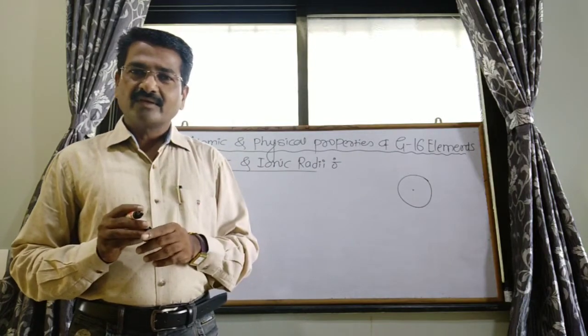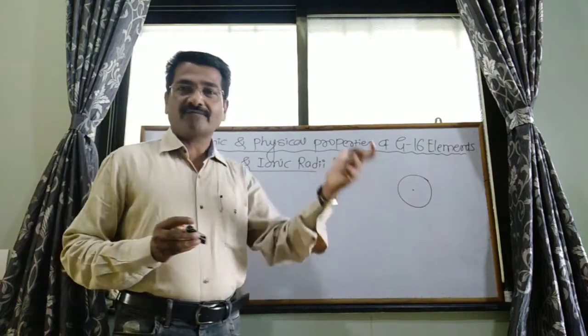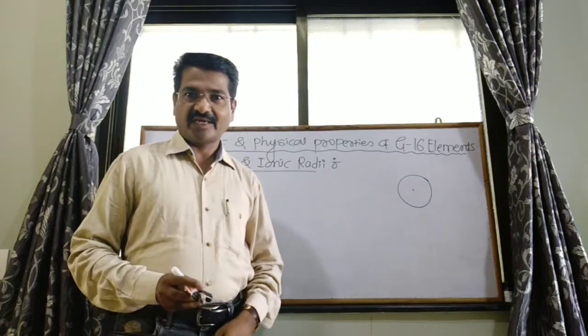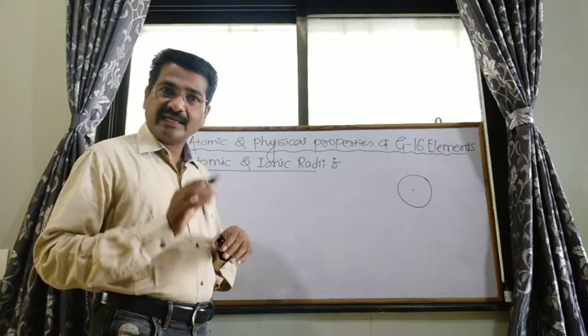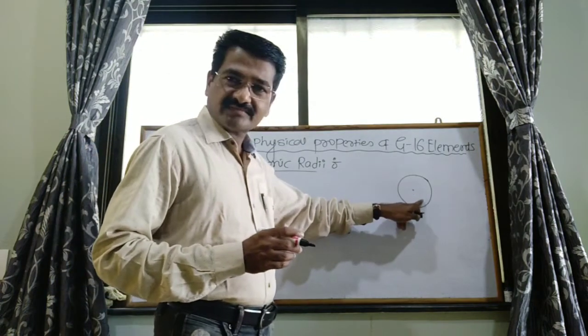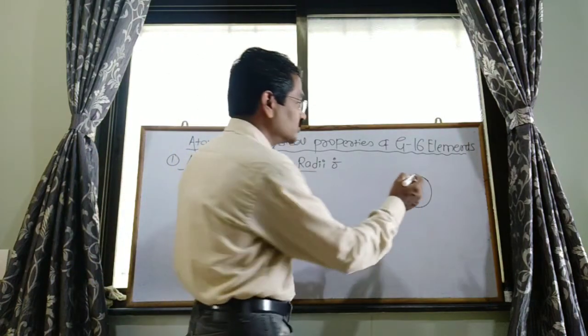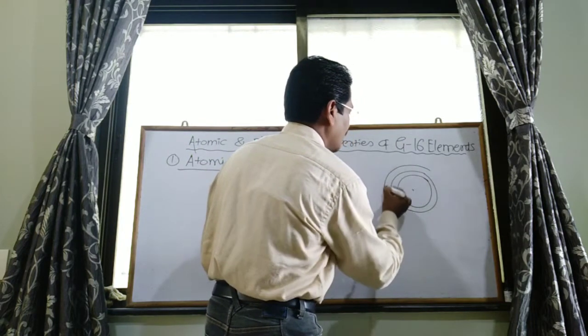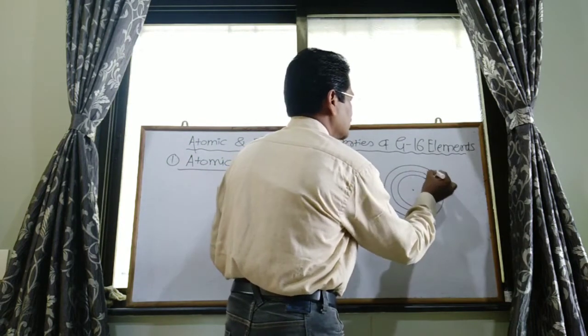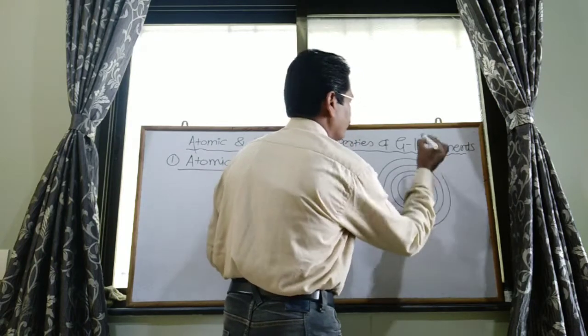But here we require the radius of an atom. In any atom, there is the nucleus, the central part, and around that a number of shells occur. So this is the structure of an atom.